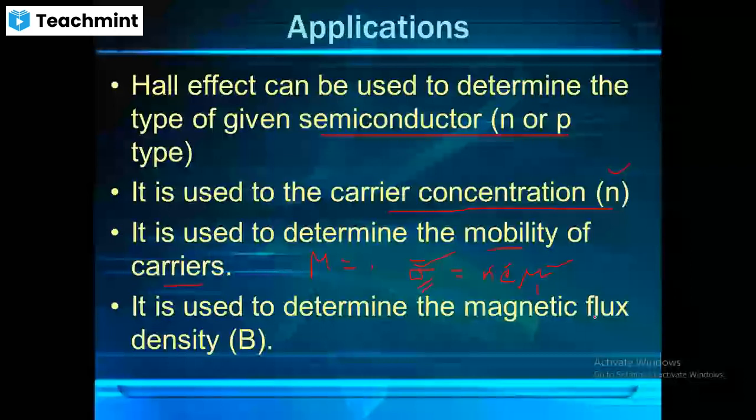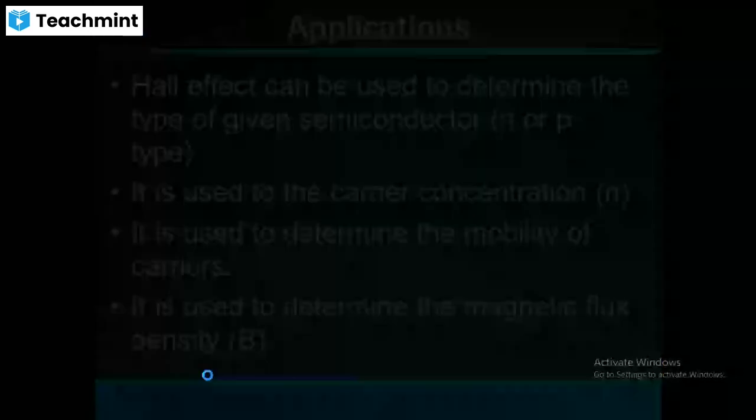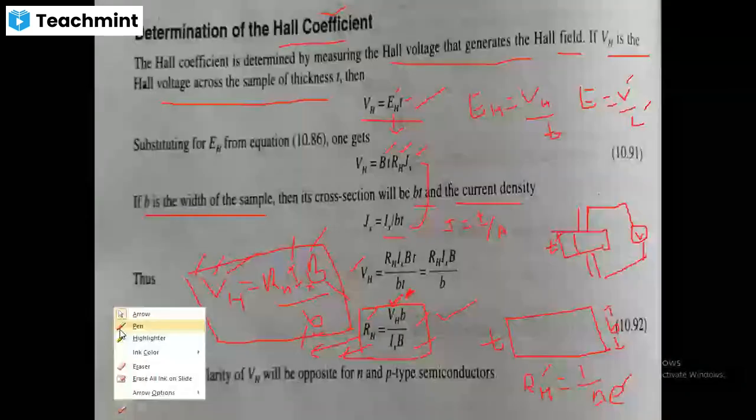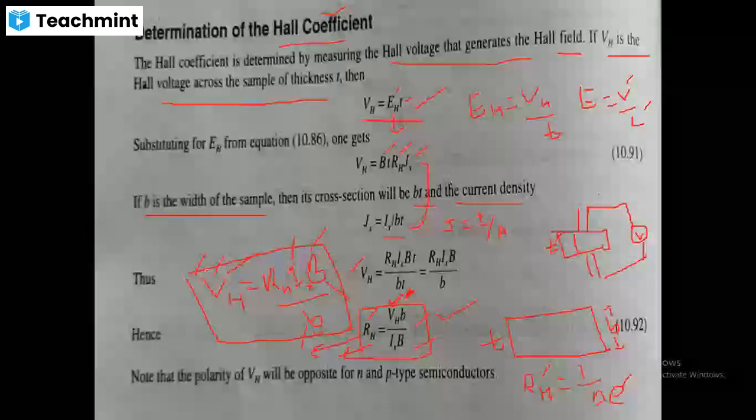Then, the last one: it is used to determine the magnetic flux density, that is B. Now how? If you look at this expression here, I told you the VH is directly proportional to B. So once you calculate the value of VH, it is as good as calculating the value of B, because both of them are directly proportional to each other.